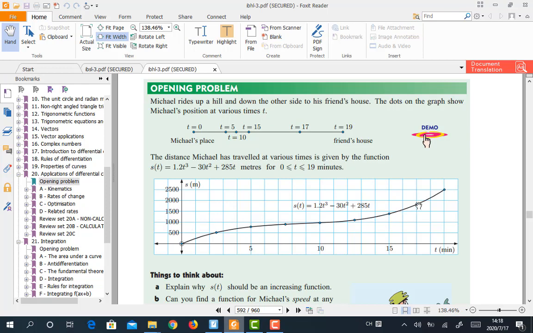This equation is the relationship between the displacement and time on a restricted domain for the time. Of course, the curve between the displacement and the time can be a curve, but the motion diagram is a straight line. So we only research the motion on a straight line, but the displacement versus the time graph can be a curve, can be a polynomial function, or sinusoidal functions, or different types of functions.